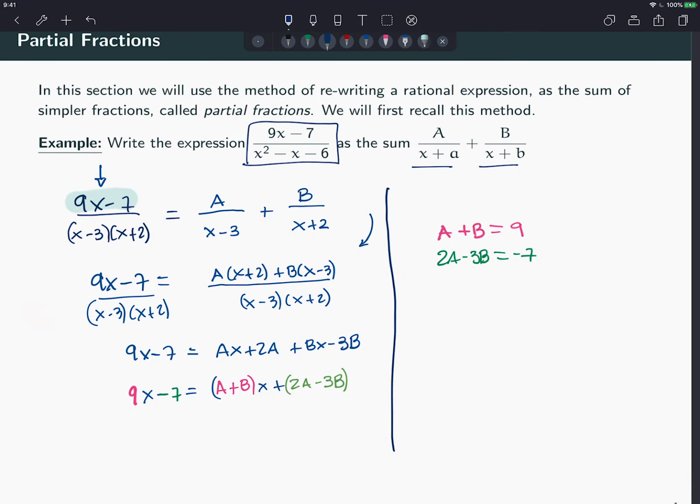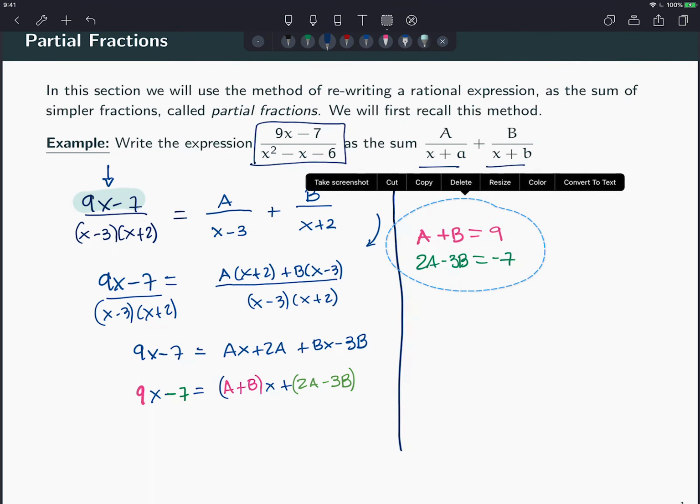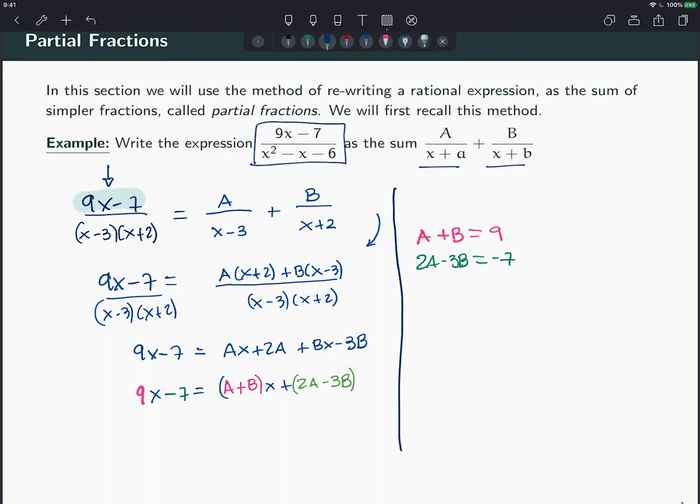So can I solve that system? Sure. We have several ways to solve it. I can do substitution or elimination. I prefer to use elimination whenever I can, so I'm going to do that. I'm going to multiply the first equation by negative 2, and I get negative 2a minus 2b equals negative 18.